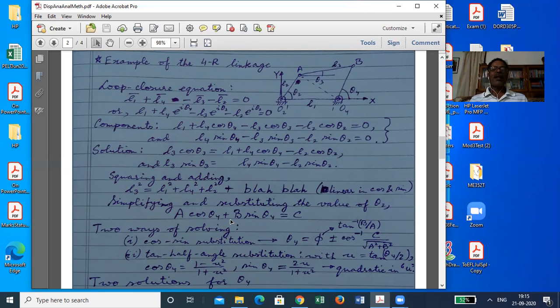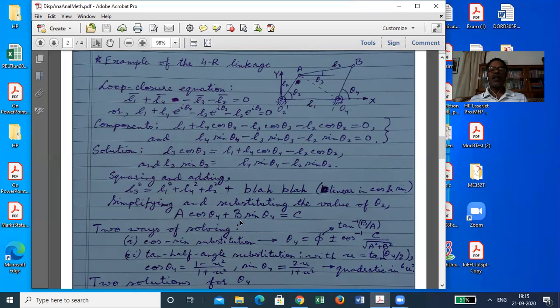One way of solving is cos sin substitution, in which you say A is something times cos phi and B is that same something times sin phi.